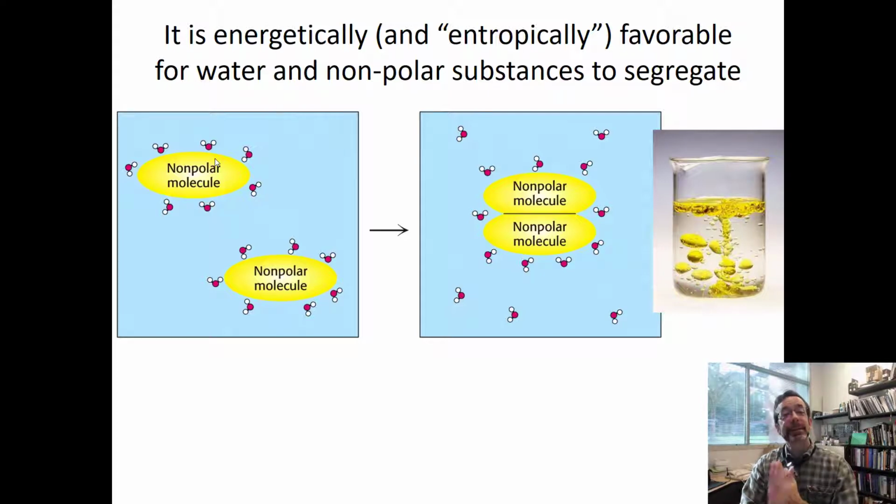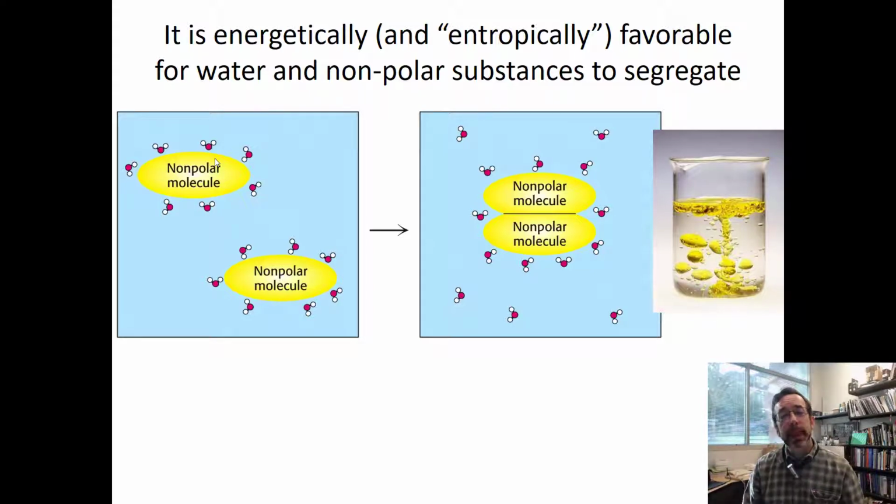Okay, so it is energetically favorable for water to pull apart from oil. And if you dissolve oil in water, or if you've seen a small oil spill on the side of the road, you'll see that the oil is floating on top of the water because the oil is collecting together. This is very odd behavior, because what's making the oil come together?